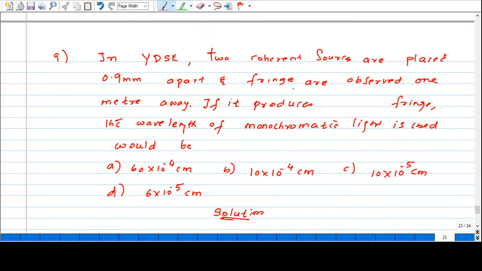If it produces second dark fringe at a distance of 1 mm, write down this, I left some point, at a distance of 1 mm from the central fringe, the wavelength of the monochromatic light is used would be, this is the question.